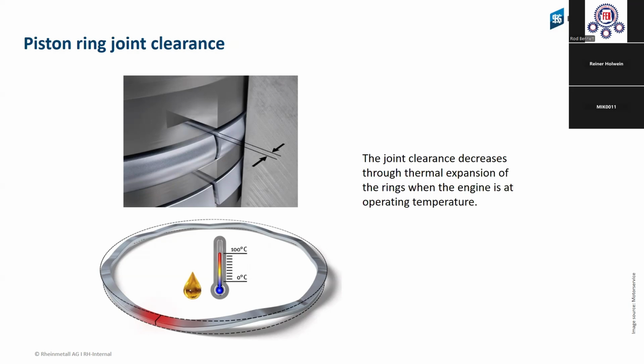When the clearance is too small and the temperature is very high, if we don't have the right clearance, the ring can be blocked and then it takes a spring form. And you see, then the ring cannot move in the ring groove, and then it will block, and then we have the next problem. And this is why we need this piston ring joint clearance.